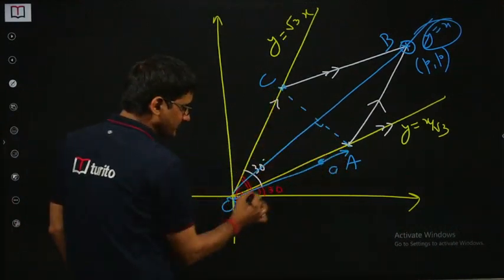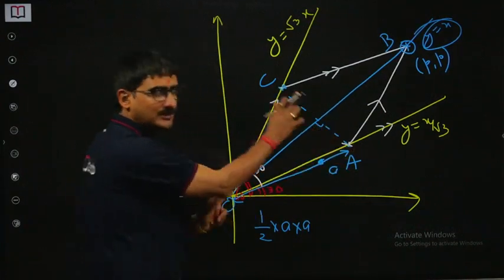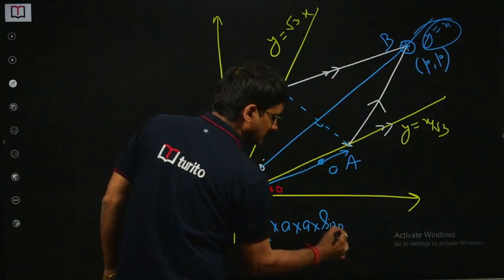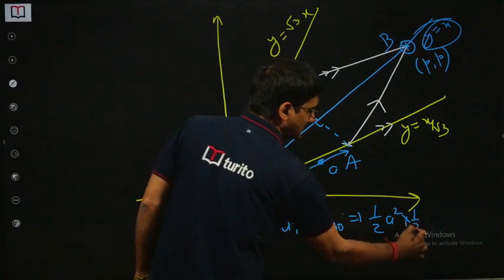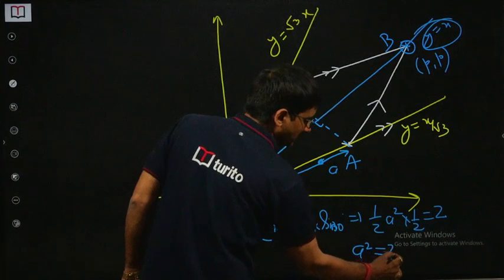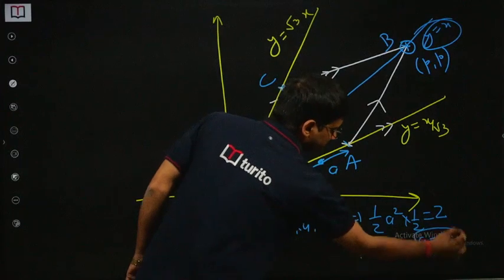So area of this triangle is half A into A, OA into OC into sine 30 degrees. So how much is it? Half A square, sine theta is half, and this is equal to 2. So A square is 8, so A is 2 root 2.